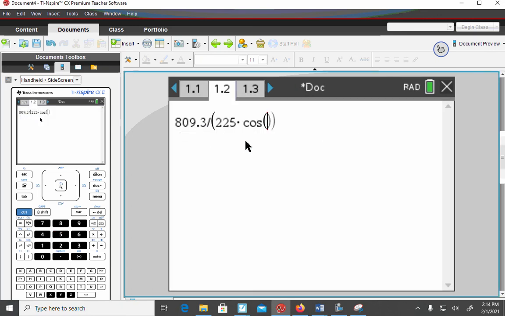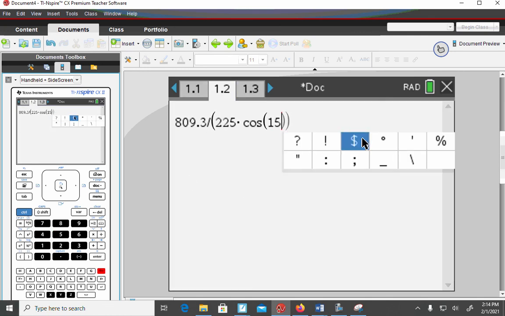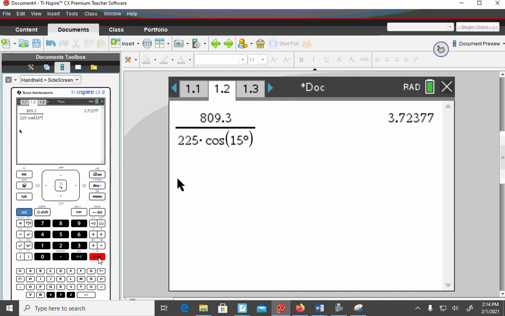Because remember, the cosine of 15 degrees is some decimal. I don't know what it is, I don't really care what it is. I just know it's a number. And if I hit enter, it makes it a fraction the way I want it to be a fraction. The 225 times the cosine of 15 degrees is in the denominator. This is 3.72. So the answer to the question is that the arrow is in the air for 3.72 seconds.